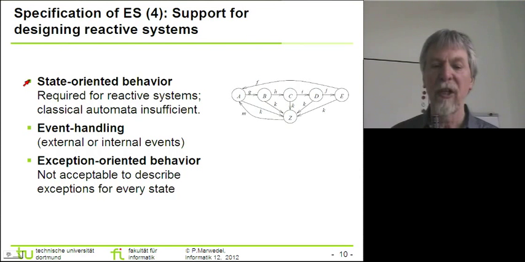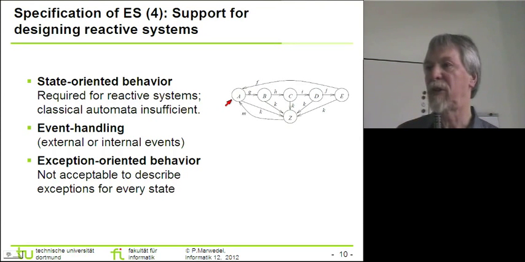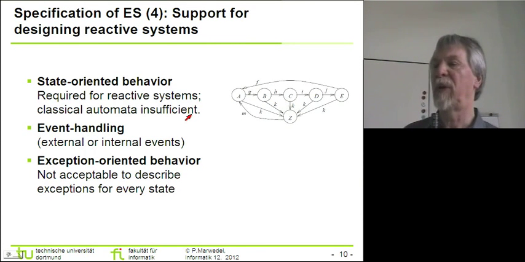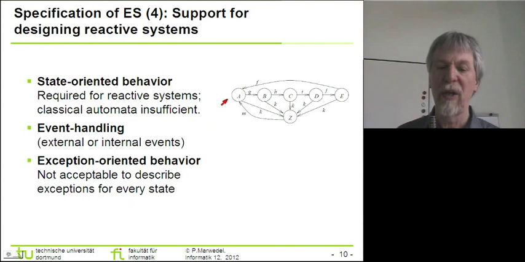Therefore, we would like to describe state-oriented behavior. That means automata are pretty good models for our modeling. However, classical automata are insufficient. For example, they do not provide us with hierarchy. Obviously, there is no hierarchy in this diagram, so classical automata are not sufficient.